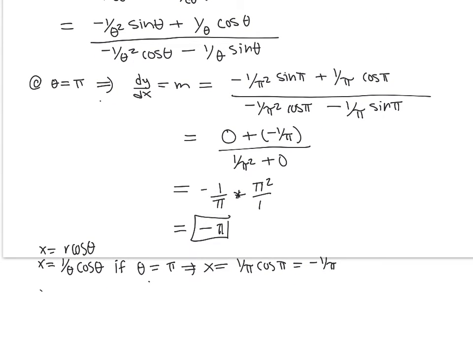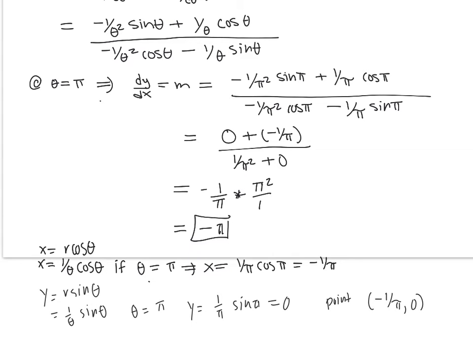And the y, which is r sine of theta, since r is 1 over theta, is 1 over theta sine theta. If theta is equal to pi, the y is 1 over pi sine pi, which is 0. So the point in this context is the point (negative 1 over pi, 0). If you had to find an equation of a tangent line, you're going to need to use that.